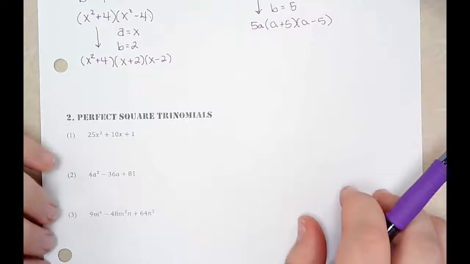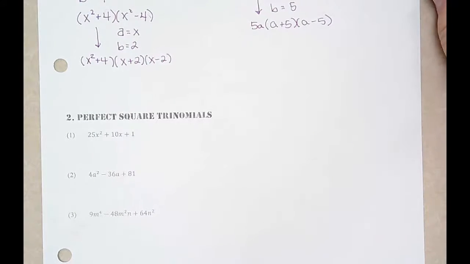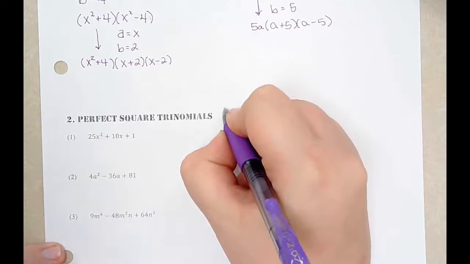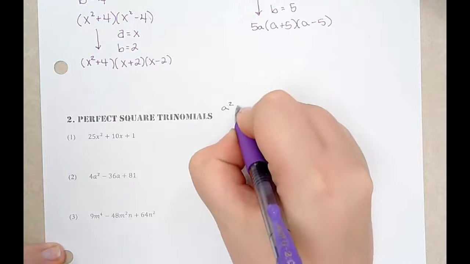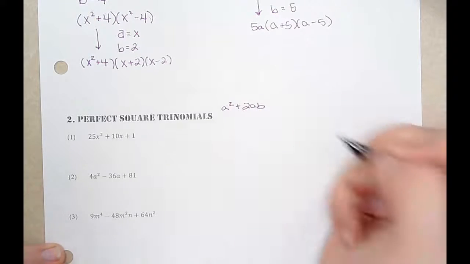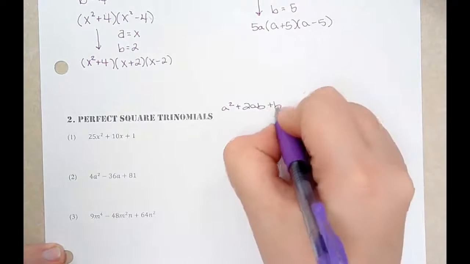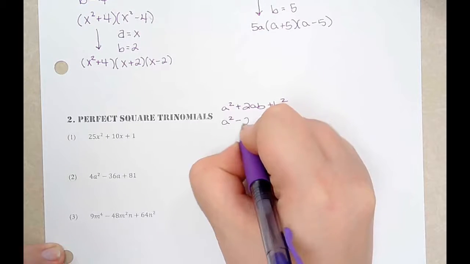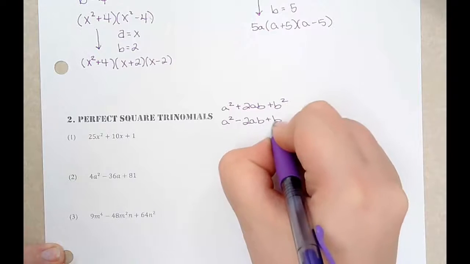Alright, perfect square trinomials. For perfect square trinomials, we have 2 equations. We either have something in the form a squared plus 2ab plus b squared, or we have something in the form a squared minus 2ab plus b squared.